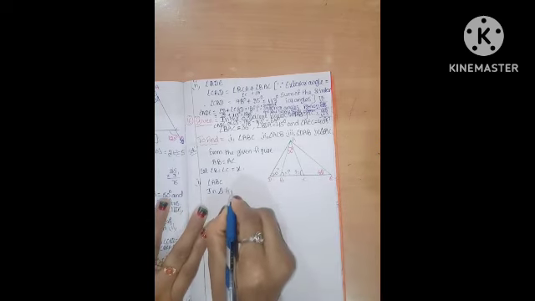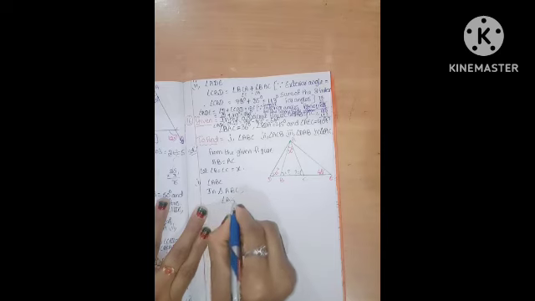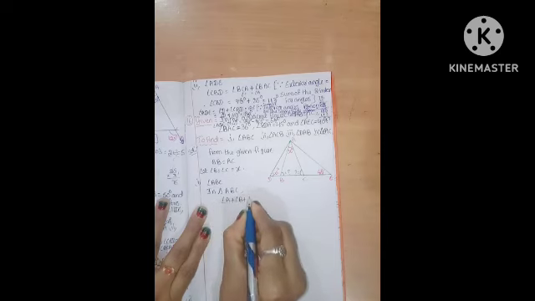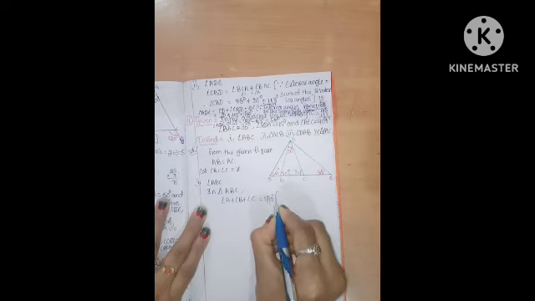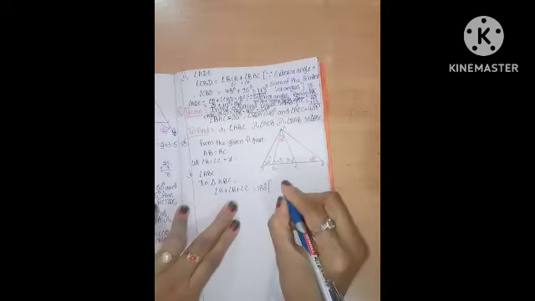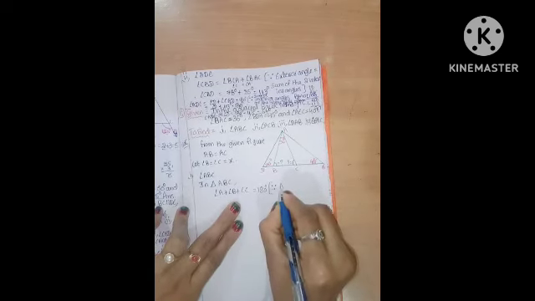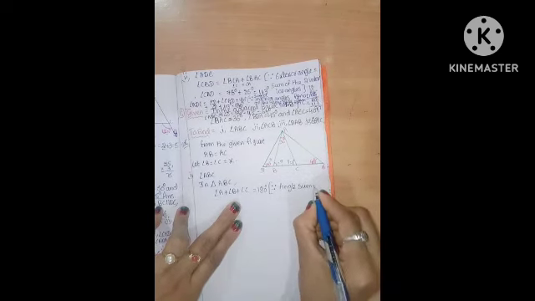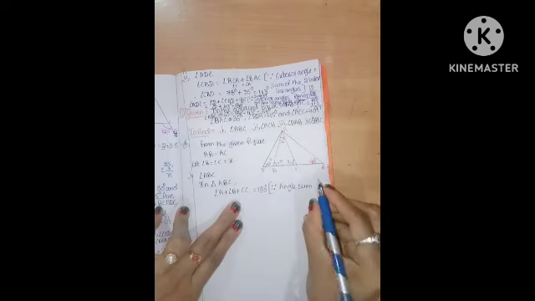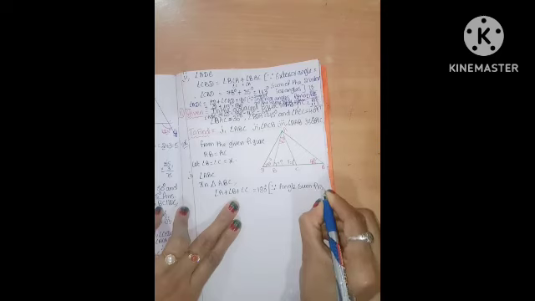In triangle ABC, angle A plus angle B plus angle C equals 180 degrees. The sum of three angles is 180 degrees. That property we are using here is the angle sum property, or the sum of the three interior angles is equal to 180 degrees. Are you clear?